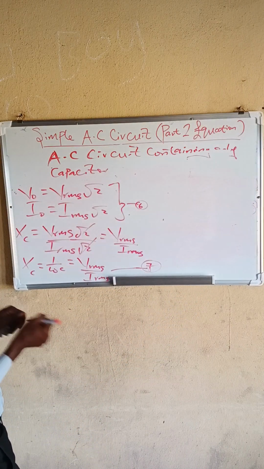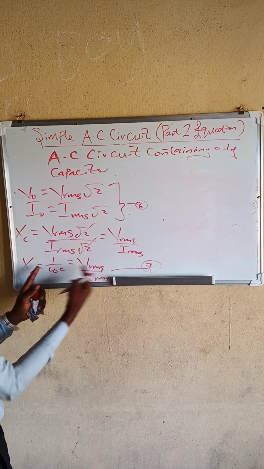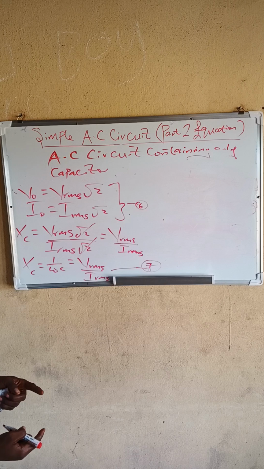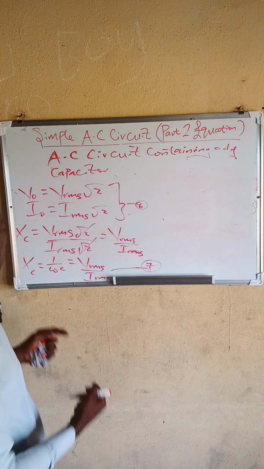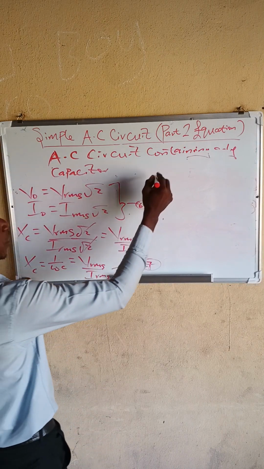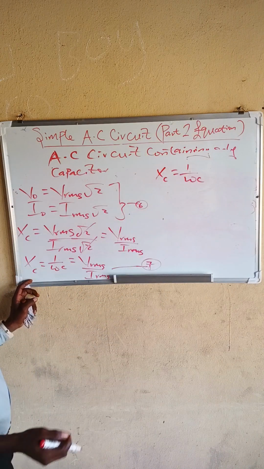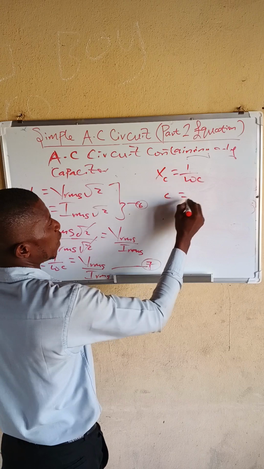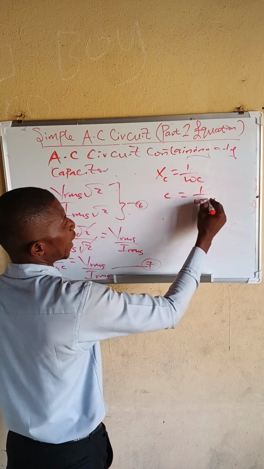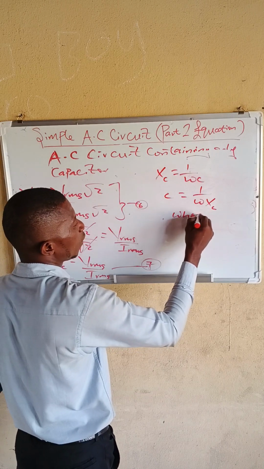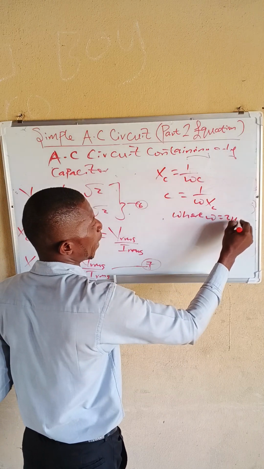Now from here to here, or from here to here, depending on my choice or the nature of the question. If I choose this place, I have Xc equal to 1 over omega C. I want to make C the subject. That will give me C equal to 1 over omega Xc. Already you know that omega is 2 pi f.